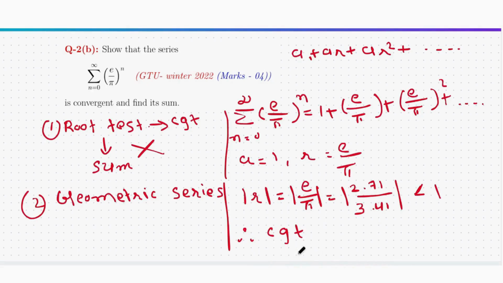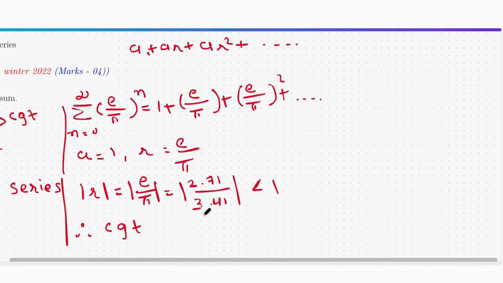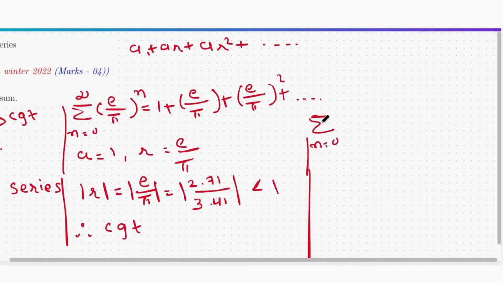If the series is convergent, then the next step is to find the sum of the series. Now how do we find the sum of this series? The sum of the series, summation n is 0 to infinity, the formula is a upon 1 minus r.